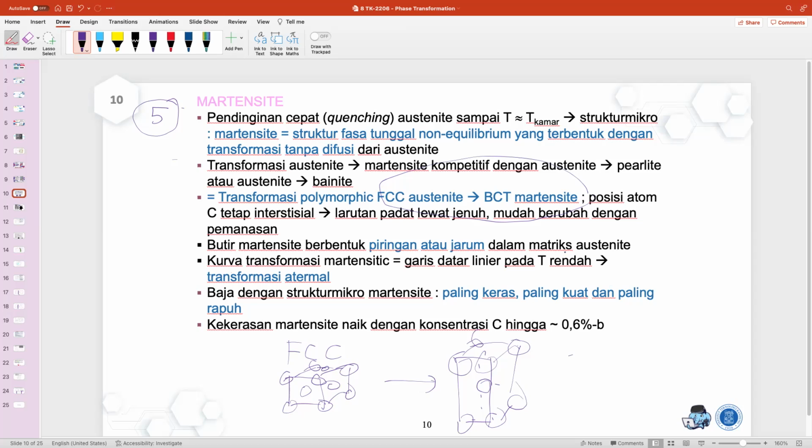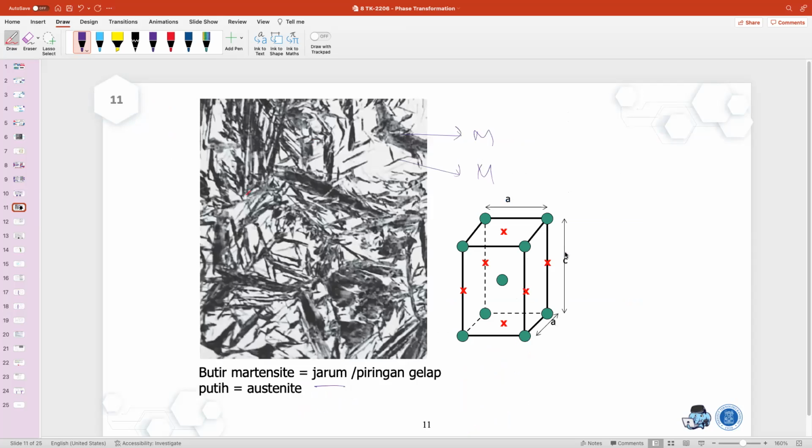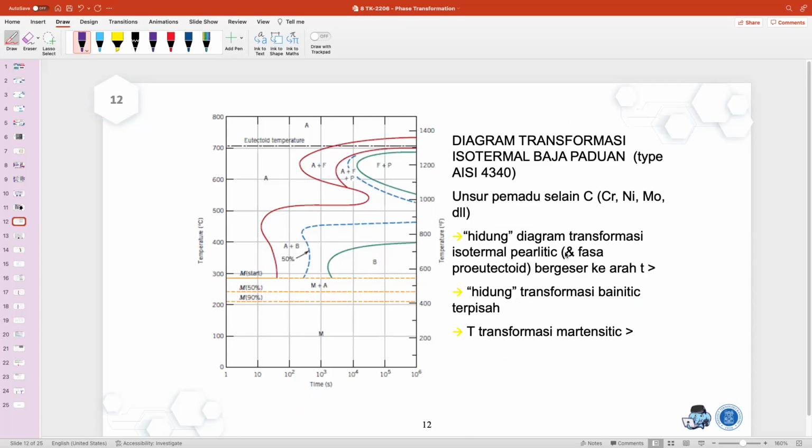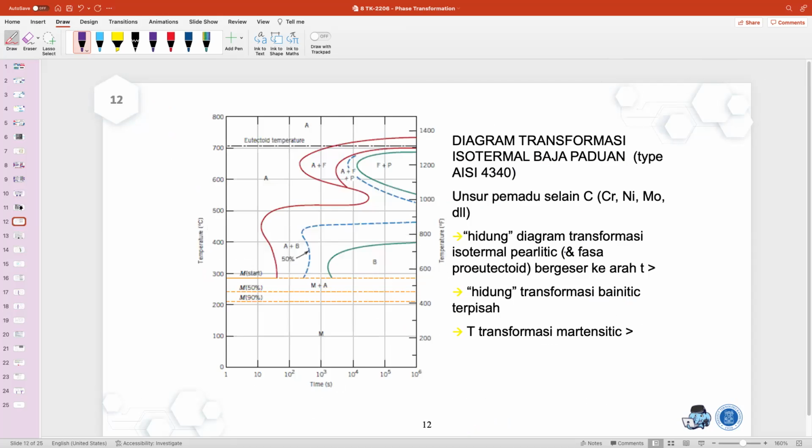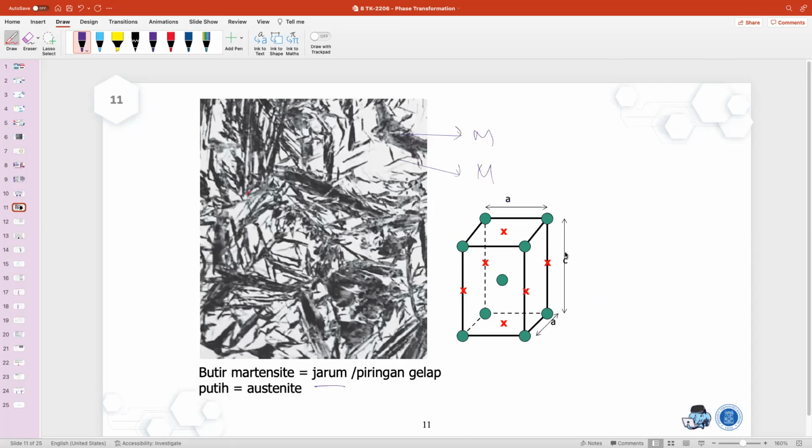Okay, so everyone, you can see that we have learned up to now 5 microstructures. I think I can sum up for now that we have learned 5 phase transformations. The first one is perlite, coarse perlite and fine perlite.